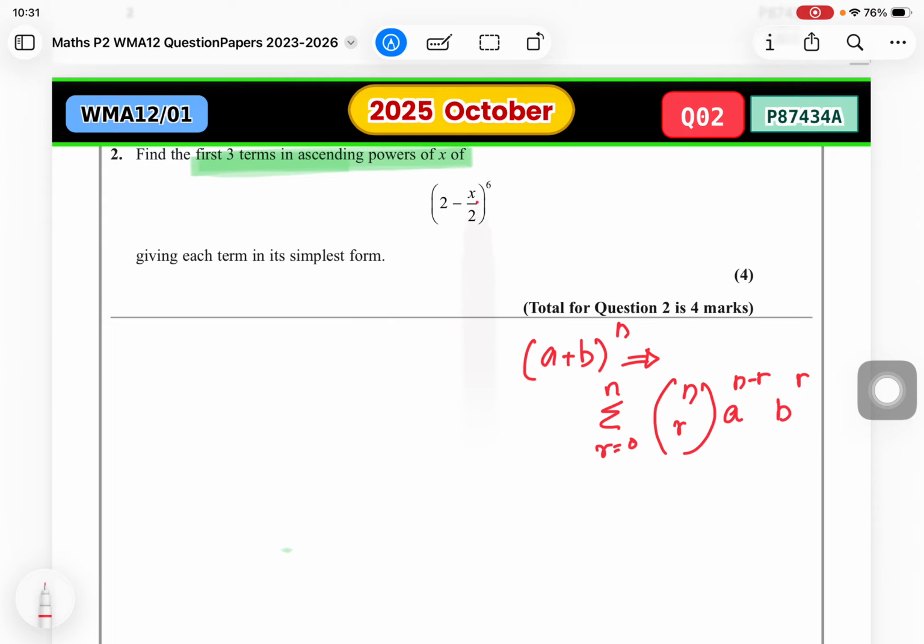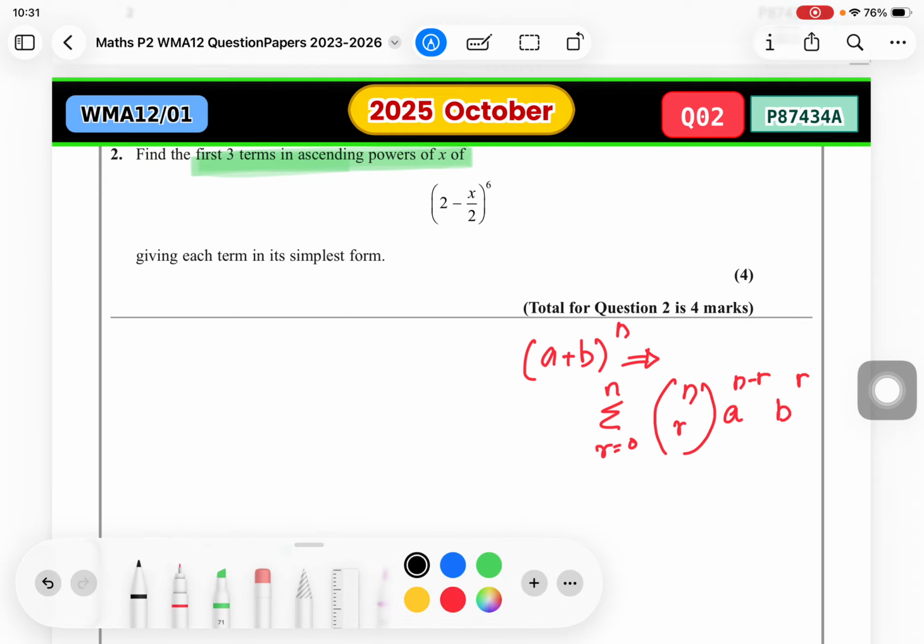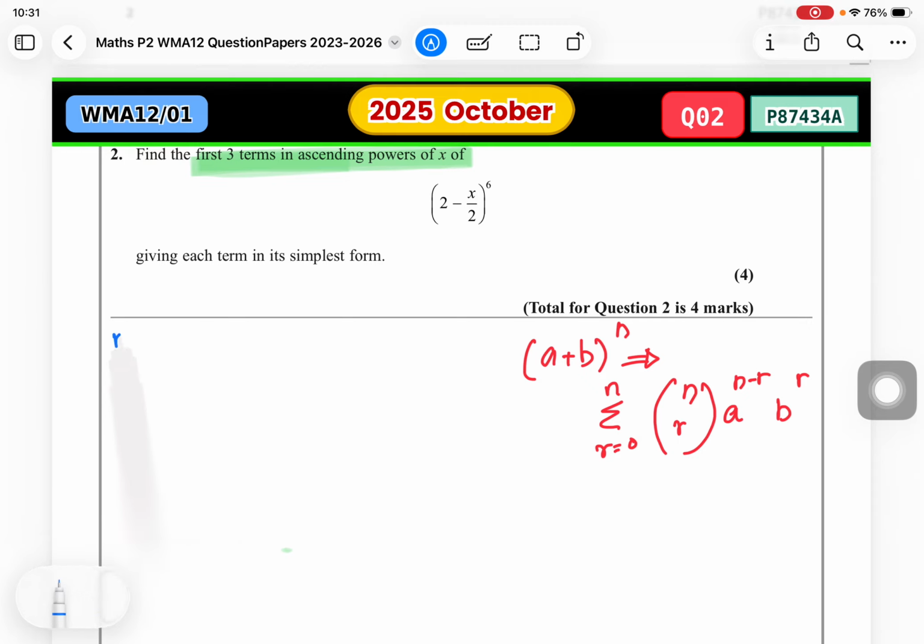Since x is the second term, we can go accordingly. Now in the question, they are asking for the first 3 terms. First 3 terms in the sense when r equals 0, it will give you term 1.